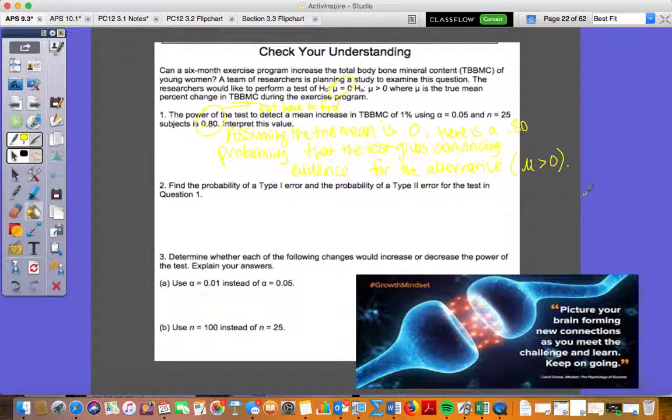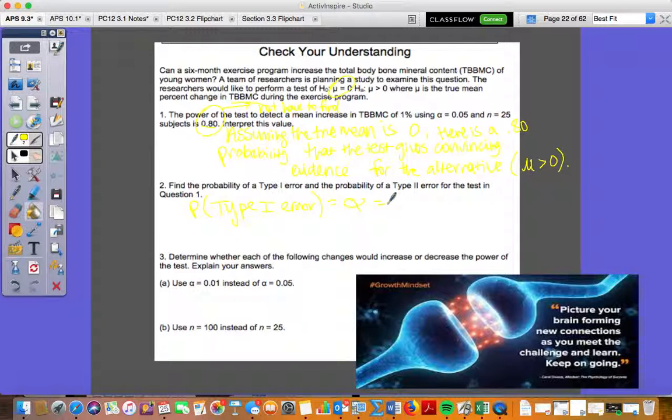Now, if you say right now, Coach, I'm confused, I would check the podcast out because it literally goes through all of that there. But I just want to make sure we do one minor example before continuing. Number 2, the probability of a type 1 error is what? The alpha level. Good. It's the alpha level. Always, always, always.